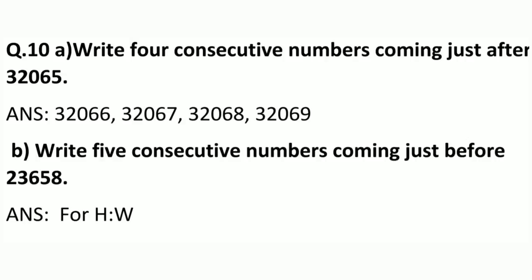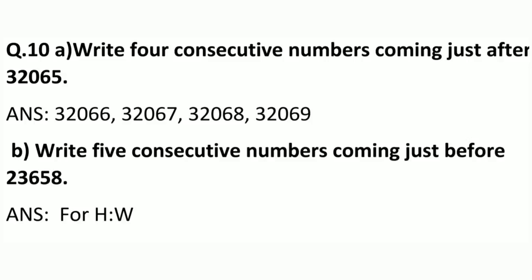Adding one more, the next number will become 32,067. Again adding 1, the next number will become 32,068 and the fourth number will become 32,069. So for finding the consecutive numbers just after, you just have to add 1.